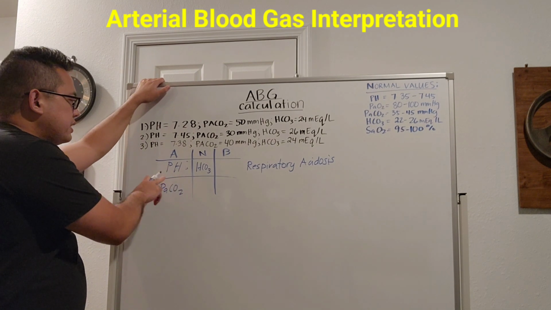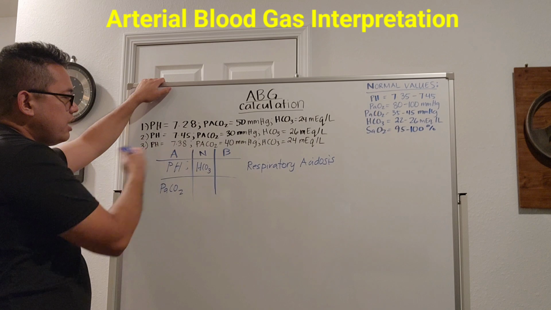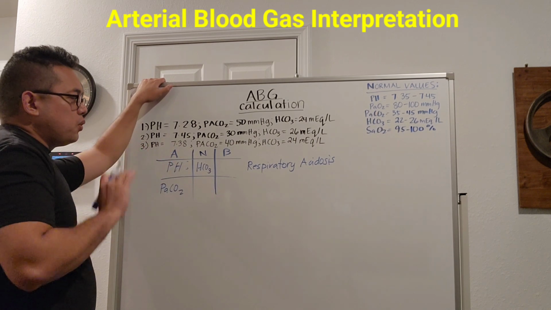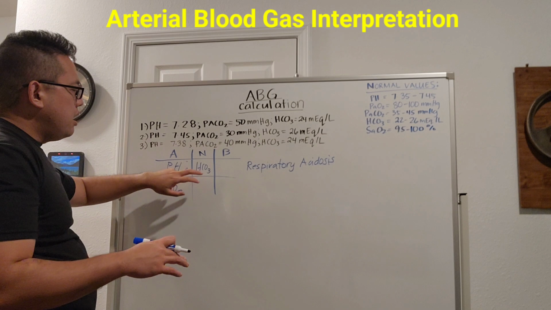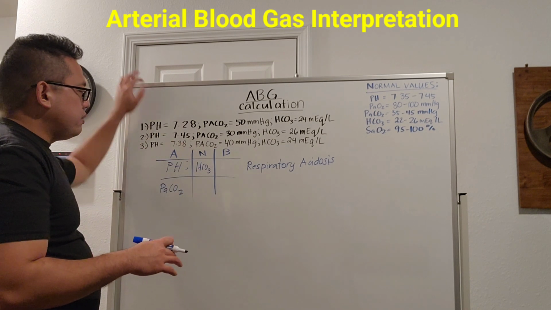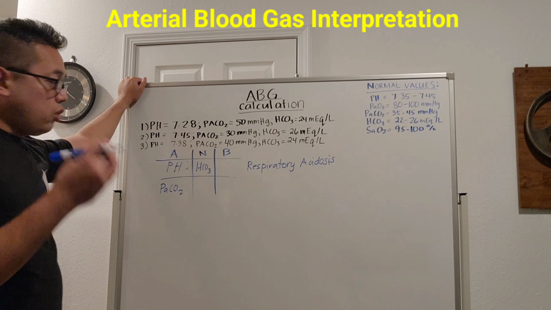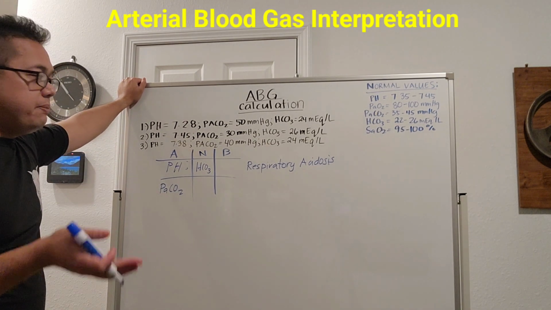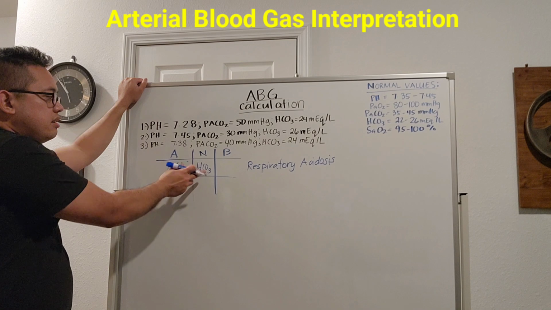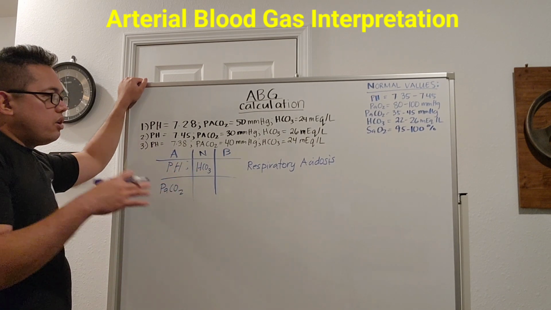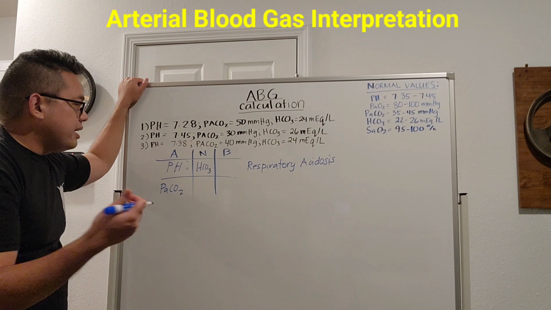If its pH value is normal, it means it's fully compensated. If the other component, which over here is HCO3, is normal, it means that it's uncompensated, because that value is not doing anything to correct the imbalance.